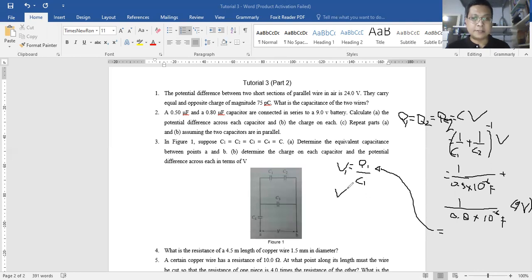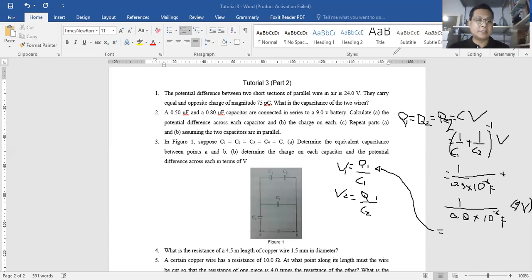Then for V2, every wire is similar, because Q1 equal to Q2, so you can use the same Q here and divide by C2. So now you can get that every capacitor has a different voltage. Now you have already answered question number A.